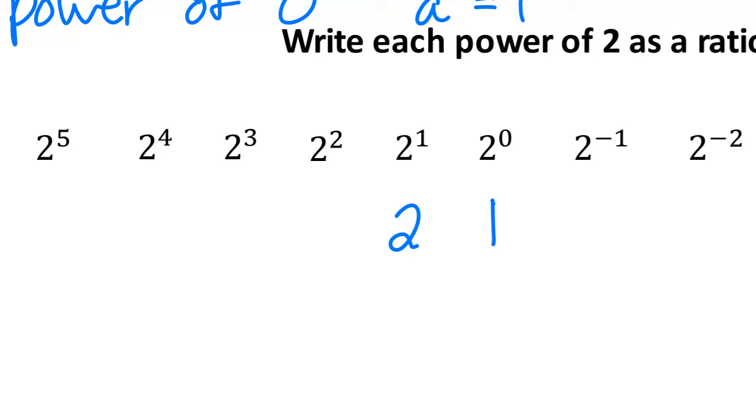And then 2 squared, that's 2 times 2, which is what? 4. And then 2 cubed, that's 2 times 2 times 2. So 4 times another 2 is 8. And then to the fourth, I'm multiplying by 2 one more time. And then to the fifth, I'm multiplying by another 2. So 16 times 2 is 32.